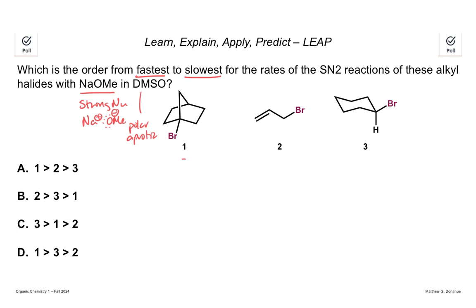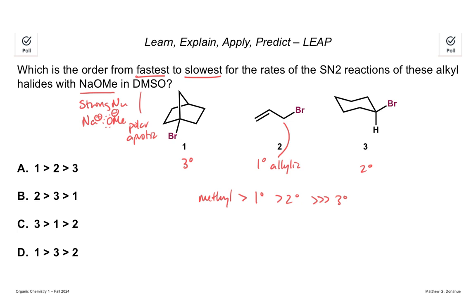The first one is a tertiary alkyl bromide. The second one is primary, but then it's also allylic. So again, that makes a difference. And then the third one is secondary. So the SN2 rate trend was methyl greater than primary, greater than secondary, and essentially tertiaries won't react.